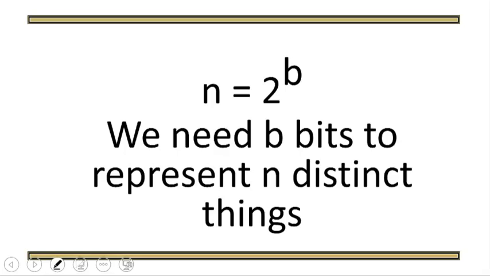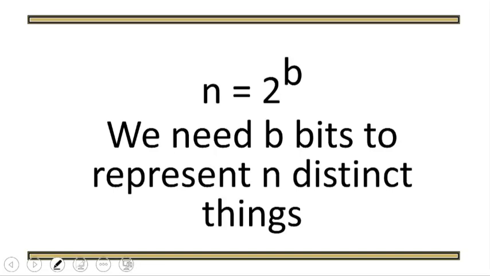And of course there is, and we're going to look at the biggest font slide of the entire course, probably. It's n = 2^b. What that means is we need b bits to represent n different things.